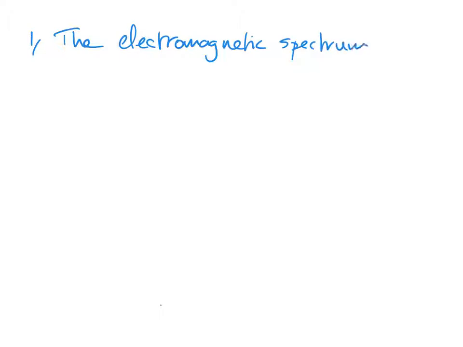So learning outcome 1, the electromagnetic spectrum is a family of waves.